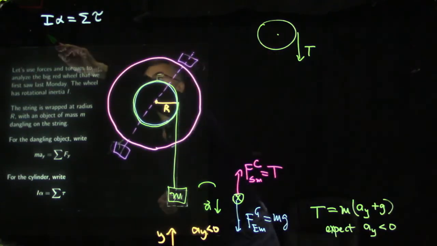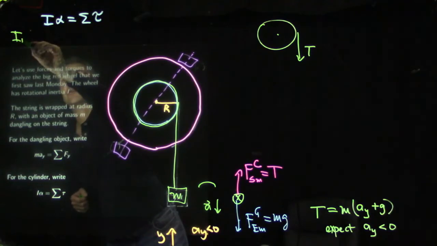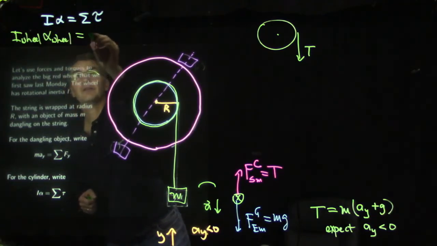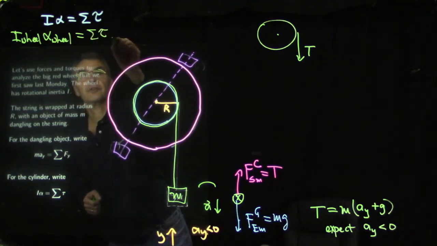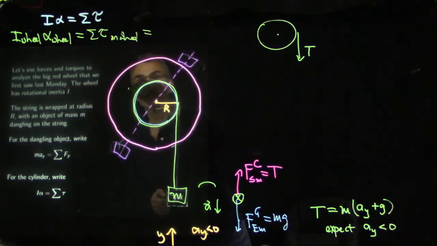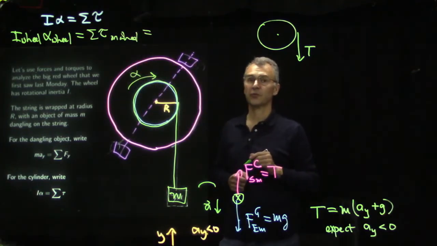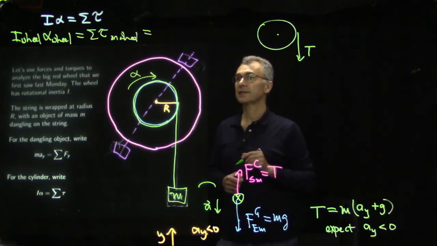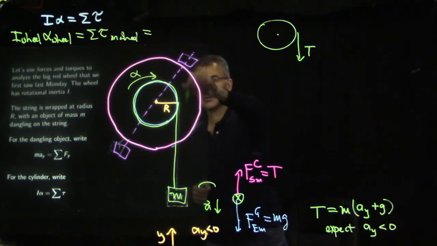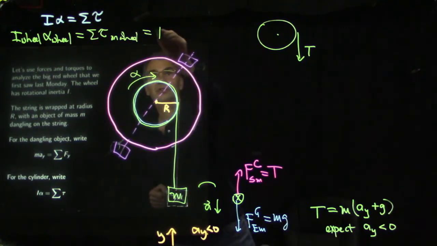So writing the rotational inertia of the wheel times the angular acceleration of the wheel equals the sum of torques on the wheel is pretty easy. And if we define the rotational acceleration to go clockwise, just because that's the way we drew the picture, then a positive tension should give us a positive torque, and a positive angular acceleration. So this is just the tension times the radius.